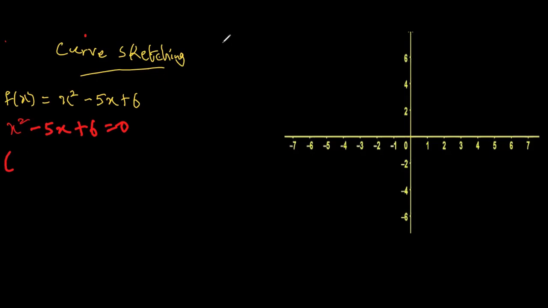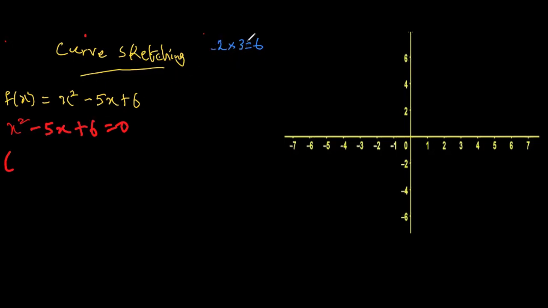of course, we know that if we multiply 2 and 3, we'll get 6. We are looking for the sum of these factors that will give us minus 5.